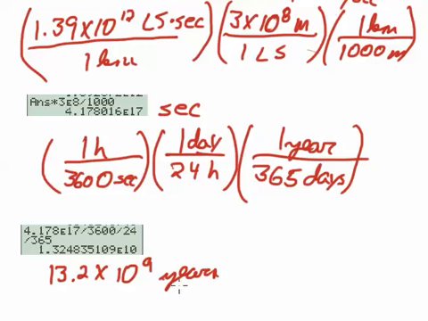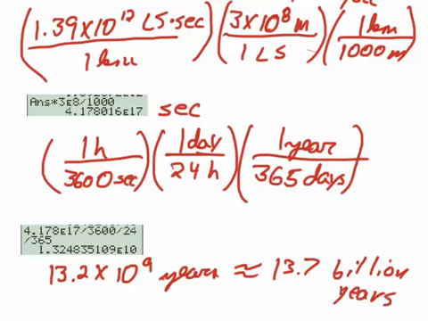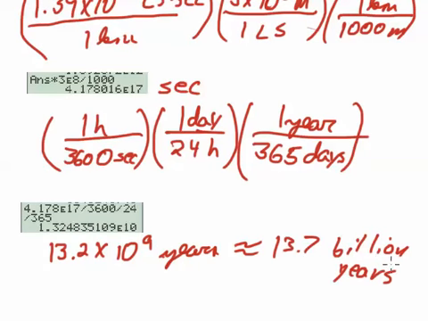Now, there's some rounding errors in this, but it's pretty close to 13.7 billion years, which is commonly given as the age of the universe.